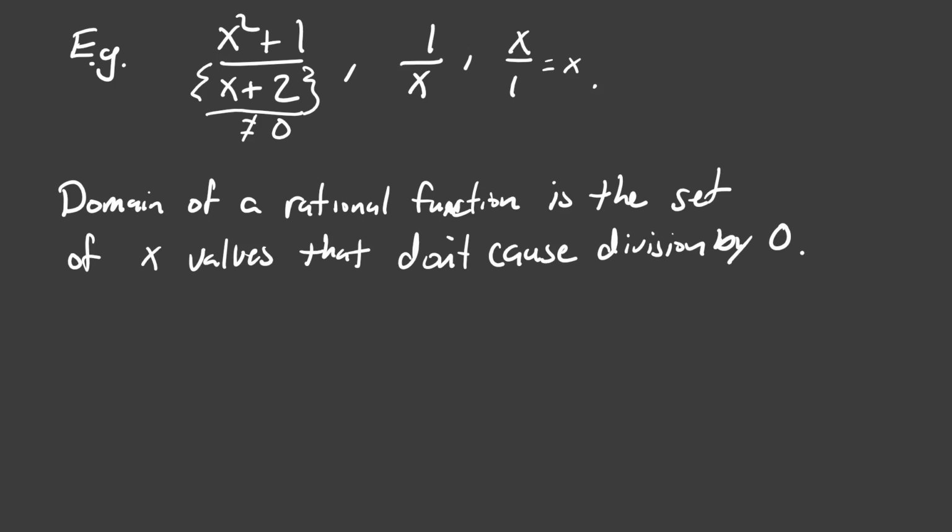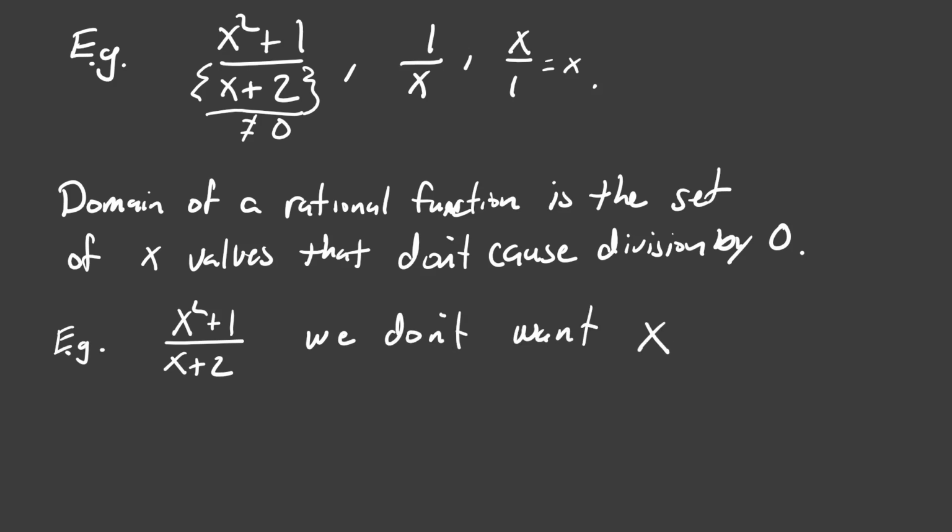Okay, so in this one, we'll go back to x squared plus 1 divided by x plus 2. We don't want x plus 2 equal to 0. So we don't want x equal to negative 2.